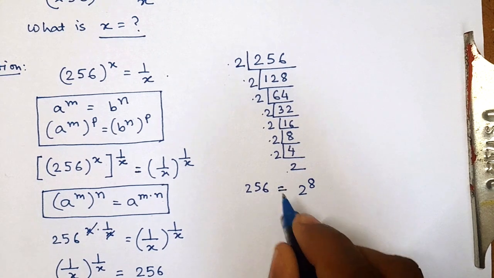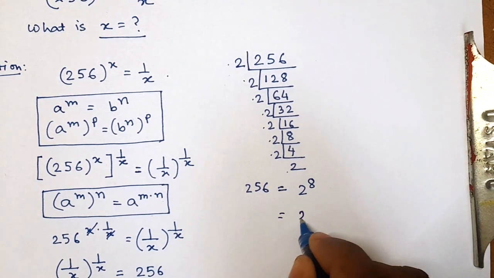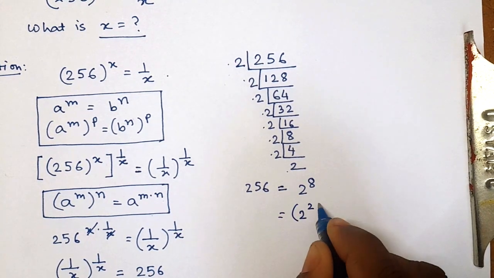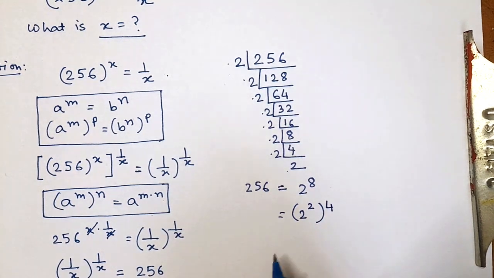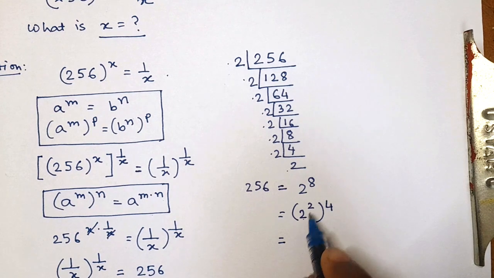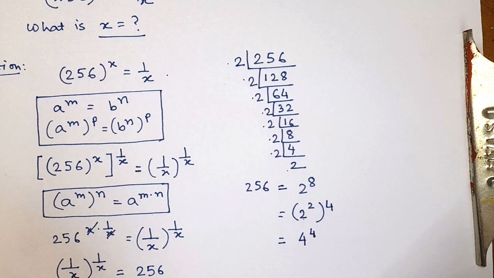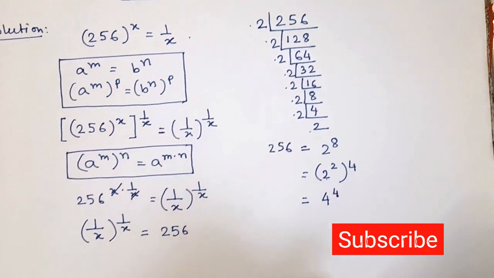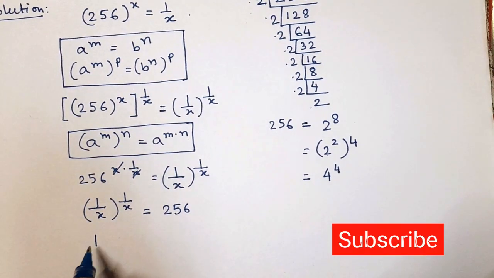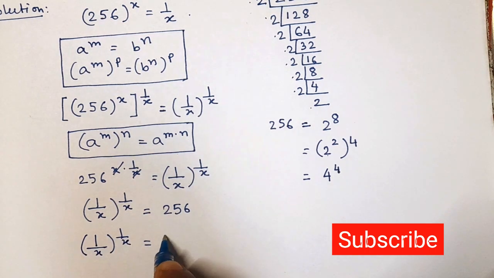Also, we can write this as 2 squared to the power 4, since 4 into 2 is equal to 8. So 2 squared is 4, to the power 4. So, in this step, we can write it as 1 by x to the power 1 by x is equal to 4 to the power 4.